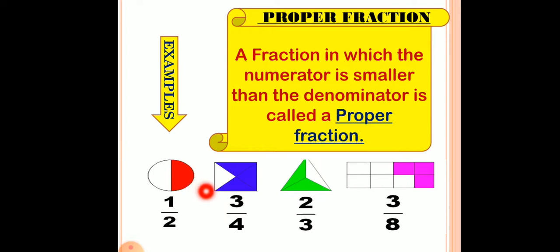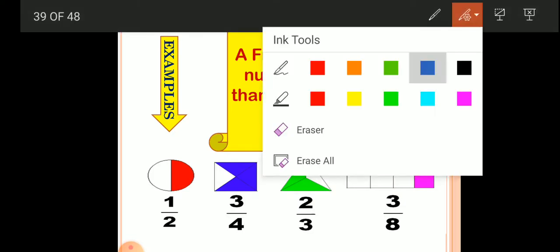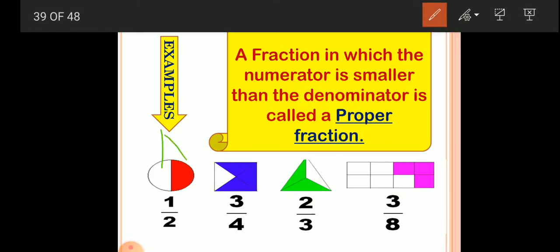So 1 is smaller than 2. 3 by 4. 3 is smaller than 4. 2 by 3. 2 is smaller than 3. 3 by 8. 3 is smaller than 8. That is, the fraction in which numerator is smaller than the denominator, that is, denominator is greater than the numerator, is called proper fraction.